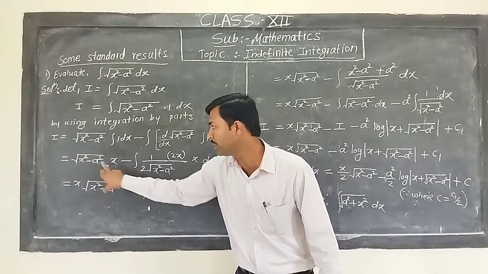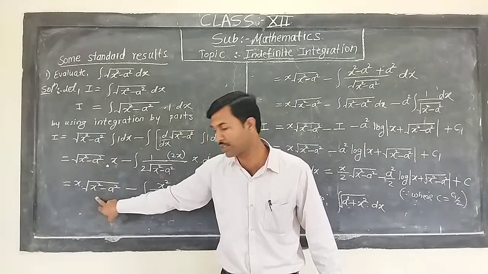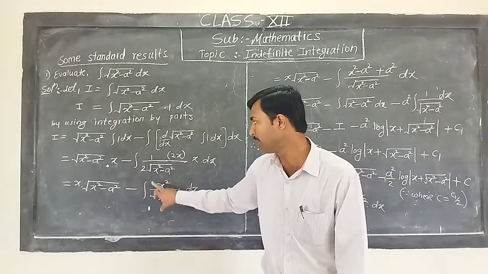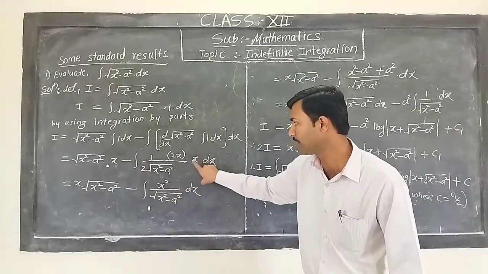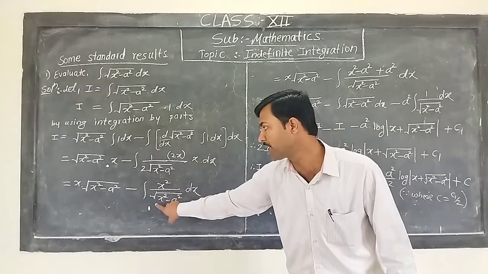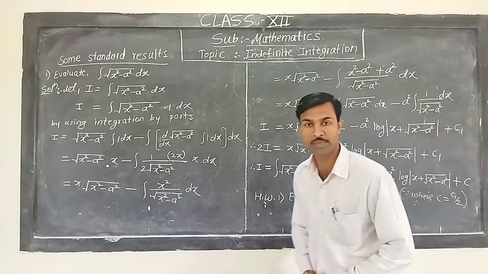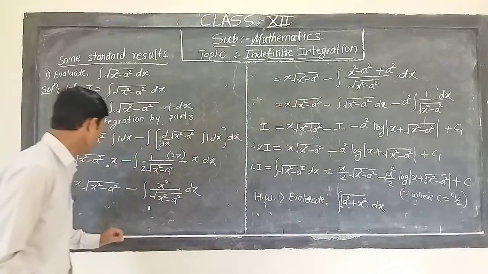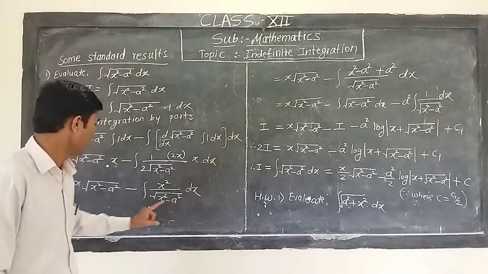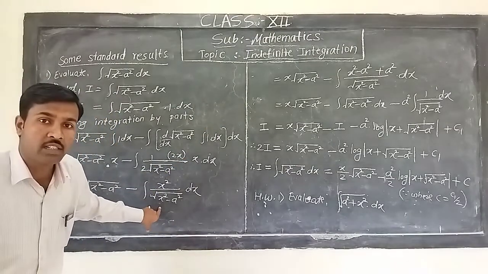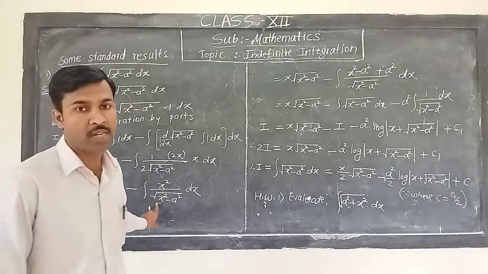Now friends, it will be x into under root of x square minus a square minus, here the 2 gets cancelled, so the remaining terms are the integration of x into x, which is x square, and in the denominator under root of x square minus a square into dx. Now this term remains as it is minus the integration of, here in the denominator the term is under root of x square minus a square.